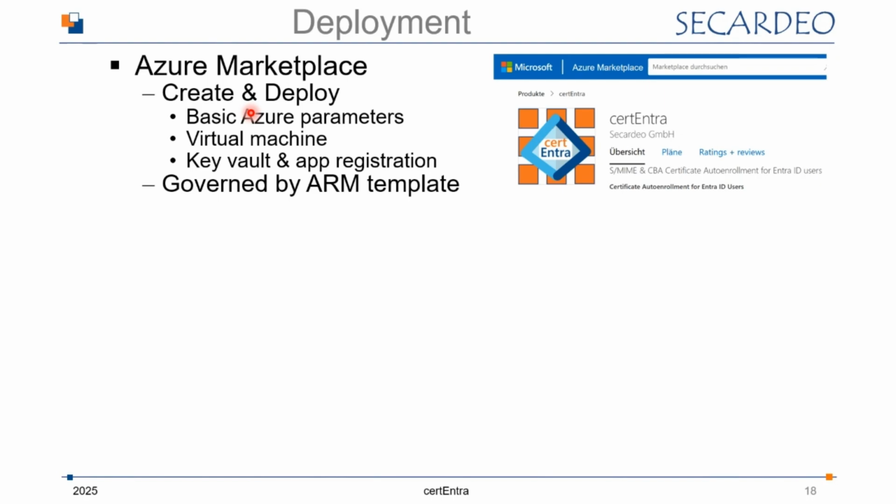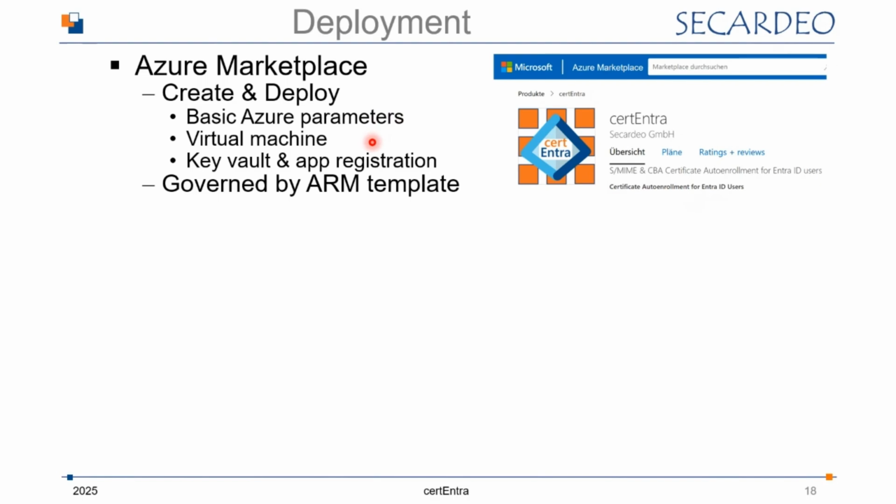If you go to the Azure Marketplace and search for certEntra, this screen will open. There you can press the Create and Deploy button and follow the steps in our deployment guide. We have a deployment guide on our web site, and it describes all the steps that you have to perform in order to configure your virtual machine.